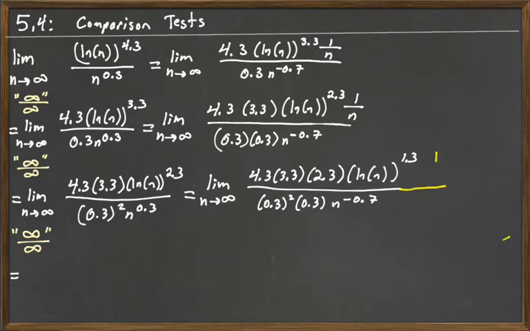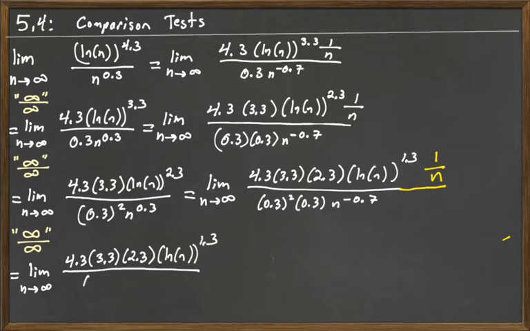We almost forgot it. So there it is by the chain rule. So that 1 over n, the n's going to go to the denominator again. So we're going to look at the limit as n goes to infinity, 4.3 times 3.3 times 2.3, natural log of n, that quantity, to the 1.3, all over 0.3 cubed n to the 0.3.